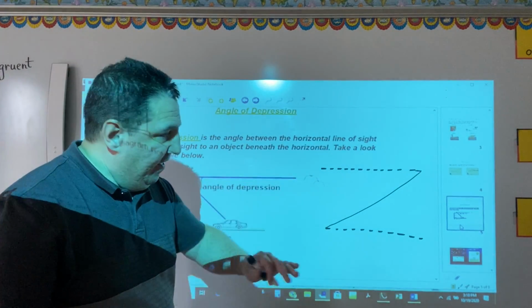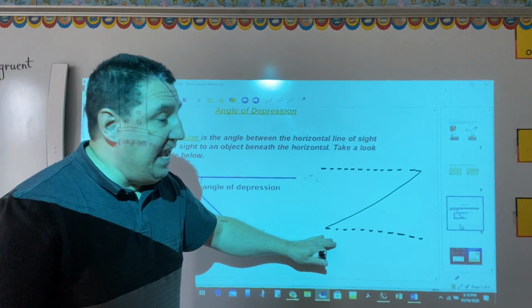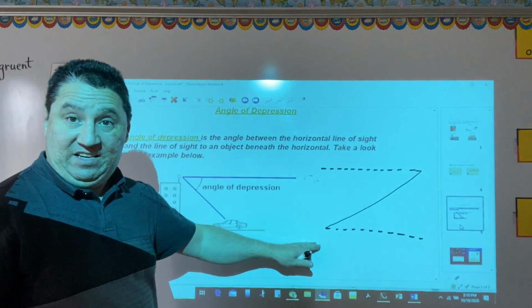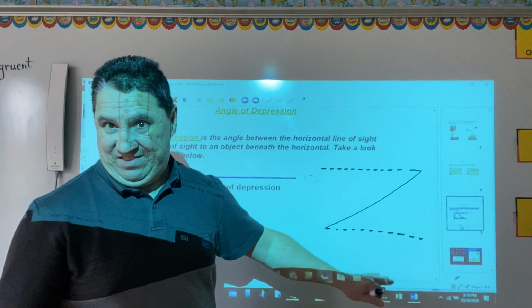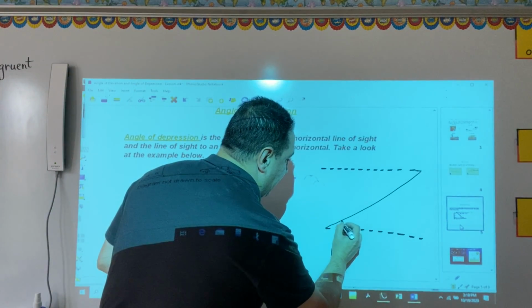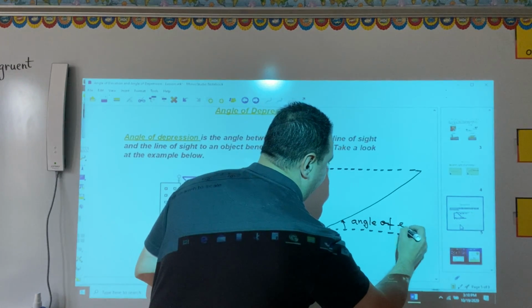As we know, the angle of elevation, right, is the angle formed by a horizontal line of sight and a line of sight that is above this horizontal line. In this case, this is the angle of elevation.